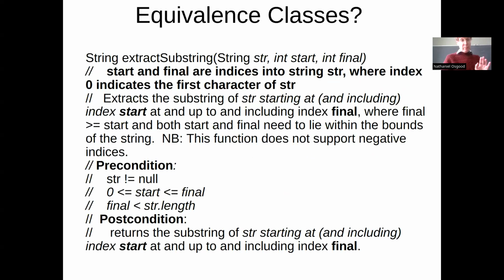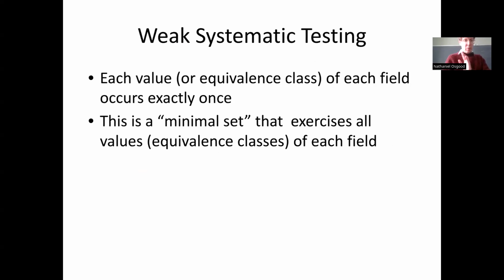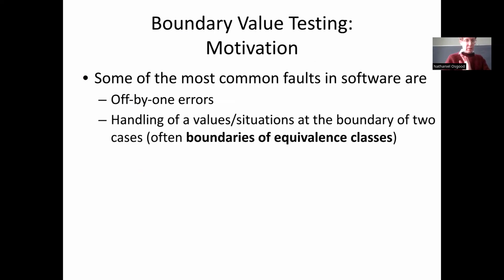Time is running short, so let me introduce one more principle because I was hoping to hit on it further. I want to talk just a little bit about boundaries of equivalence classes. We've kind of been dancing around this issue, but there are equivalence classes, and there are the boundaries between them.